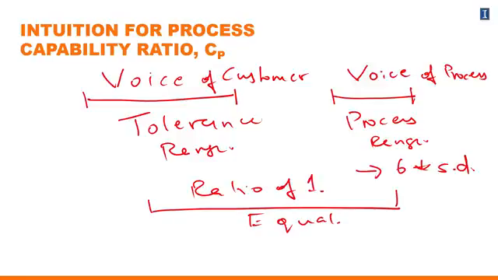And if the voice of the process is smaller and the voice of the customer has a greater range, then the ratio is going to be greater than 1. So that's the intuition behind looking for a ratio that is at least 1, and the higher it is than 1, the better it is going to be in terms of serving the customer.